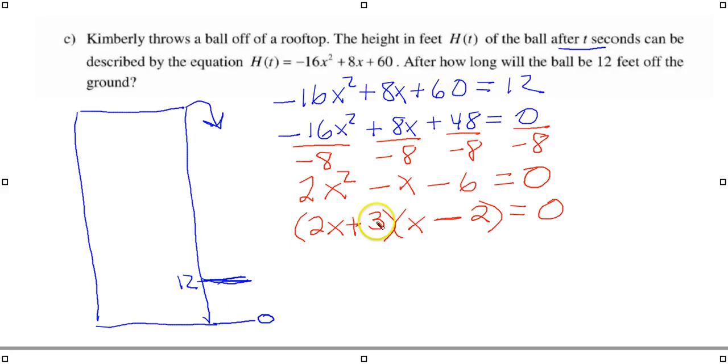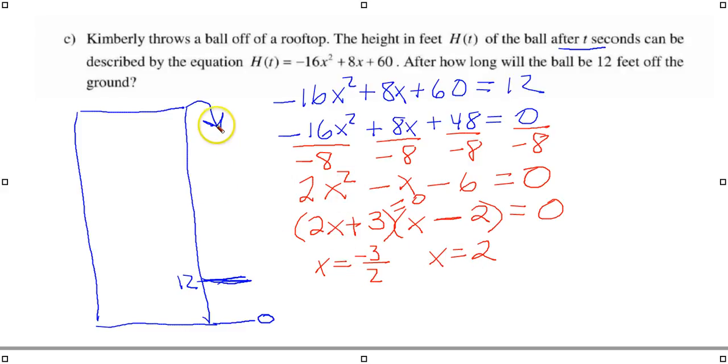Now recall, solving this, we set each of these factors equal to 0. We've been taking a shortcut, where here x is going to equal negative 3 halves as we solve for this, and here x is going to equal 2. And again, we're thinking time.